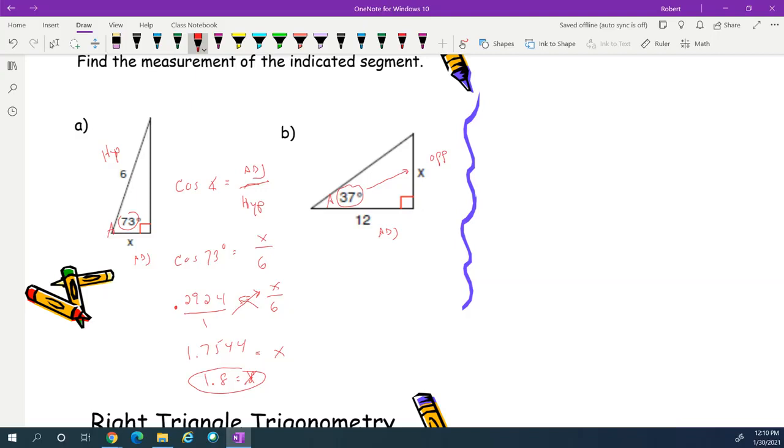There is only one trig formula that uses opposite and adjacent at the same time. So you need your formula sheets. Let's plug in everything we can. Tangent, 37 degrees. The opposite over the adjacent.